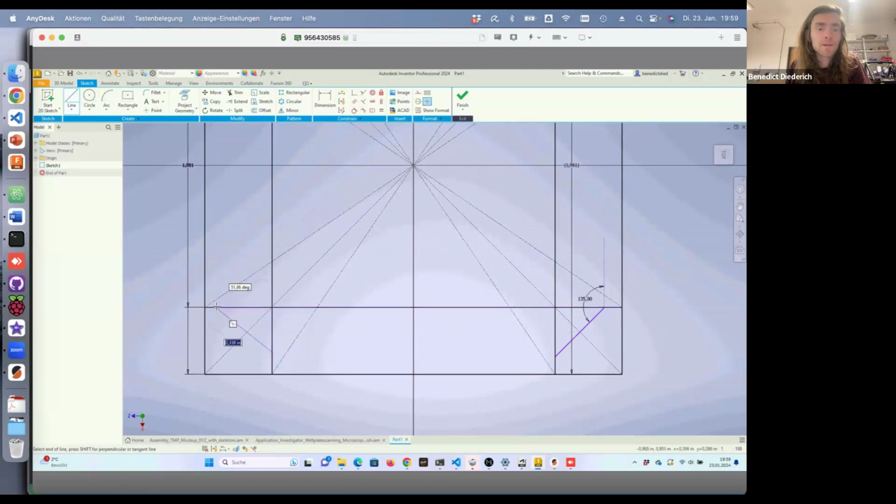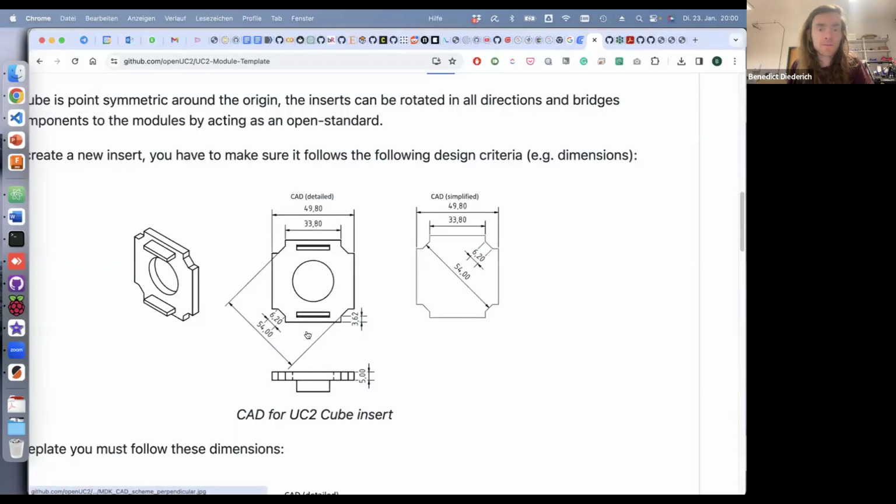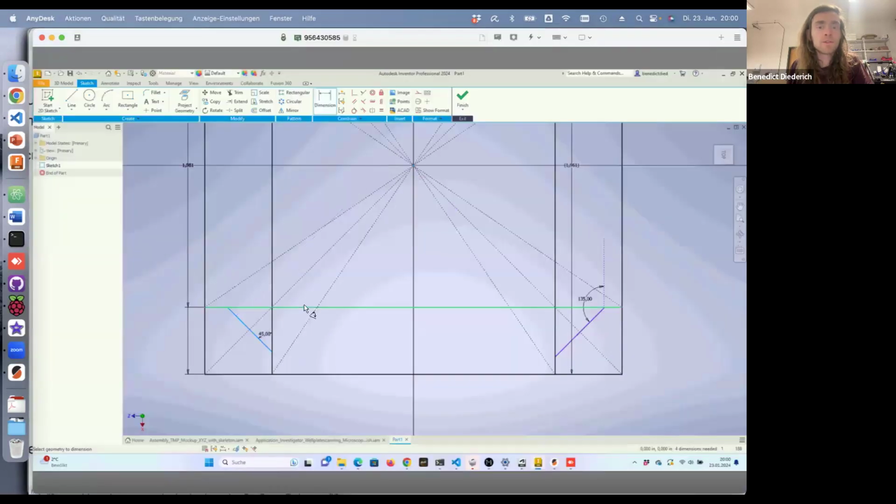So we're almost there. Imagine you have a lens with a diameter of 20 millimeters, for example. Let's add that to the drawing. Let's quickly check, was it 54 by 2?